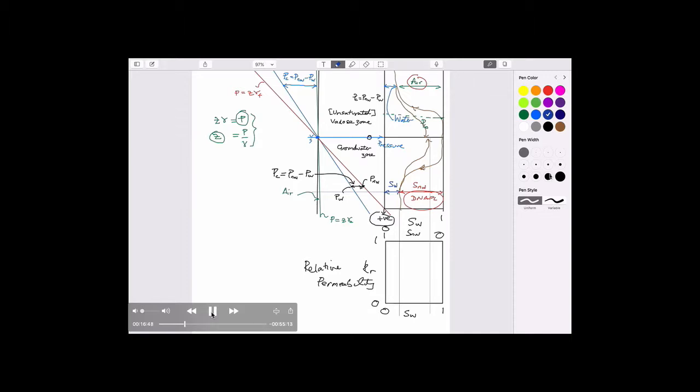which kind of looks like an X, if you look at it, in terms of the water relative permeability shown in blue and the NAPL permeability shown in red, I think.